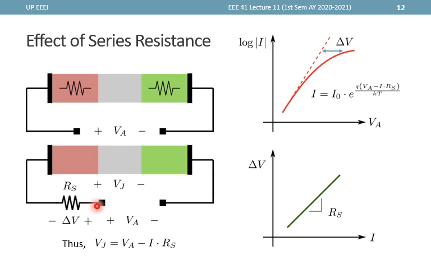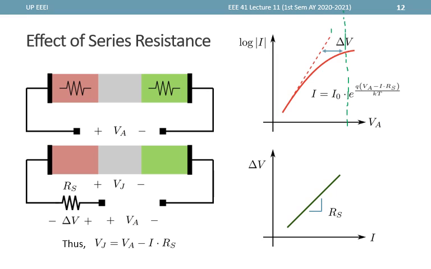So if originally we apply some voltage VA here, then we normally expect this amount of current, or rather, let's say we use a different reference point. Say we apply some voltage here.